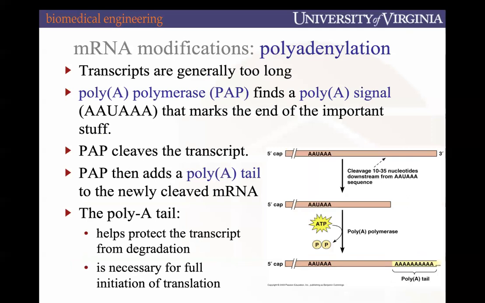In addition, we have our poly A tail that's added. Another term for this is polyadenylation. Many adenyls are added. One thing that's important to note is that the transcripts made during transcription are thousands of base pairs long, tens of thousands of base pairs long.